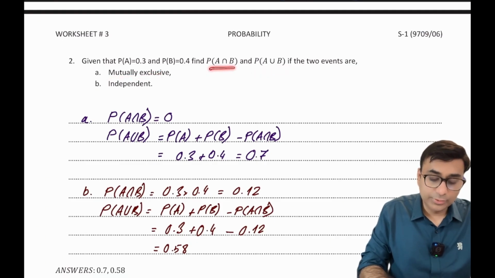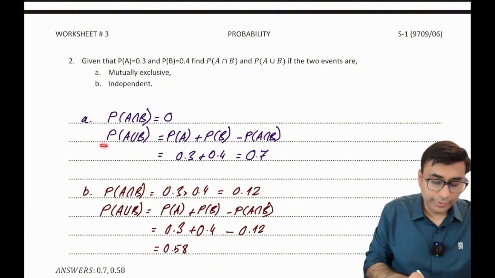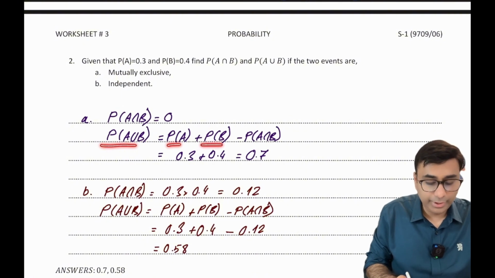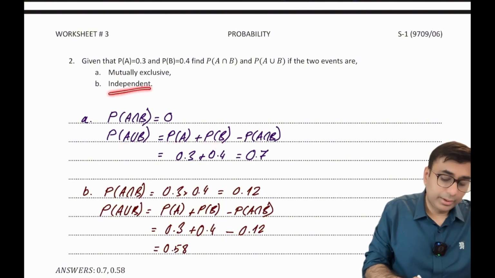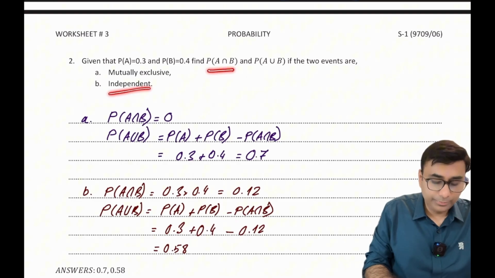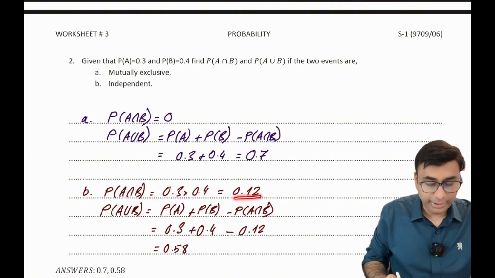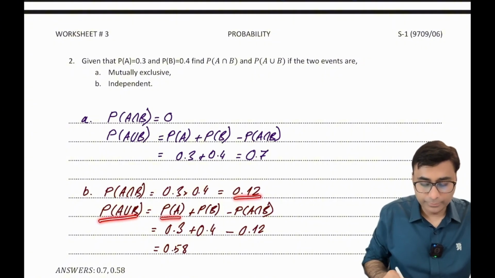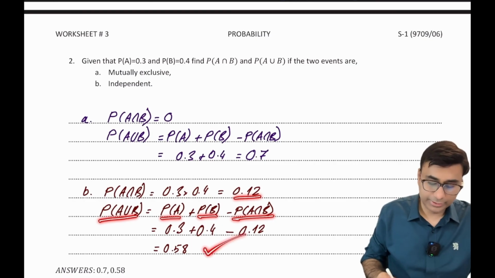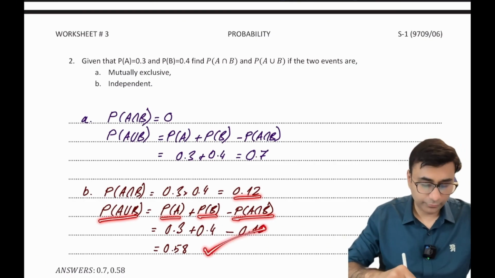If they are mutually exclusive, probability of A intersection B would be equal to 0 and probability of A union B would be just simply probability of A plus probability of B. If I know that the events are independent, then probability of A intersection B would be equal to probability of A times probability of B. And once I get probability of A intersection B, probability of A union B would be equal to probability of A plus probability of B minus probability of A intersection B. And hence you'd be able to find out the probability of A union B.